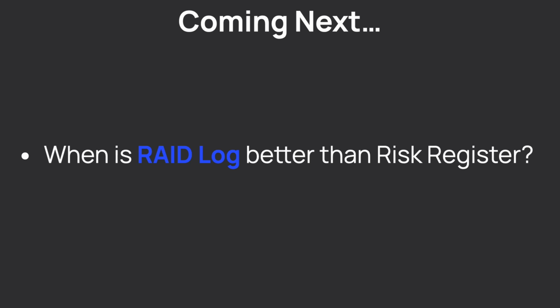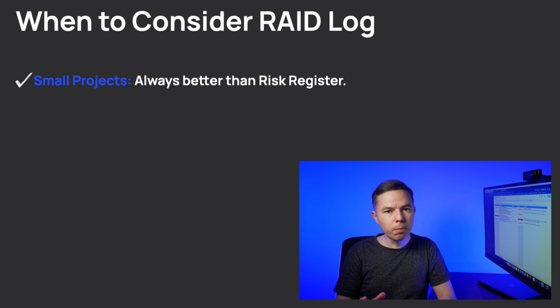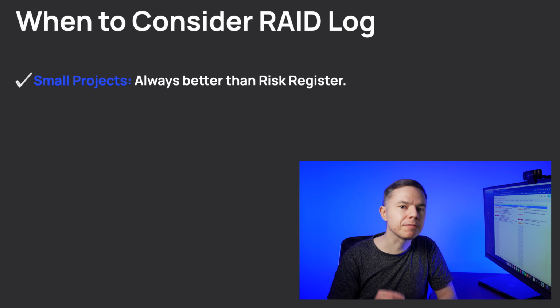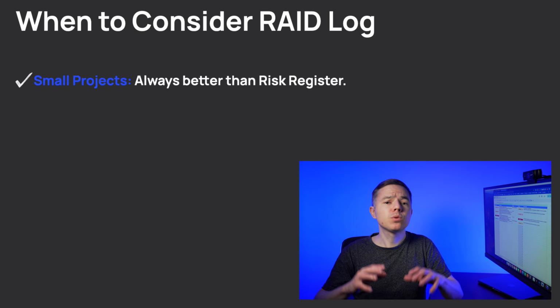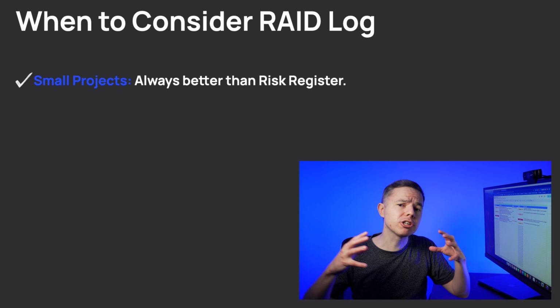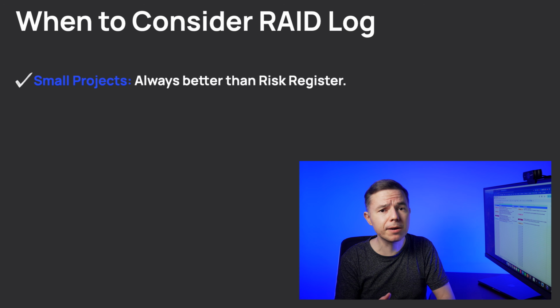When is it better to use a RAID log and when is it better to use a risk register and dedicated assumptions list? In most cases, a small project with about 1 or 2 Scrum teams will benefit from the RAID log because it's one tool you can easily integrate into any agile framework and add proper risk management.